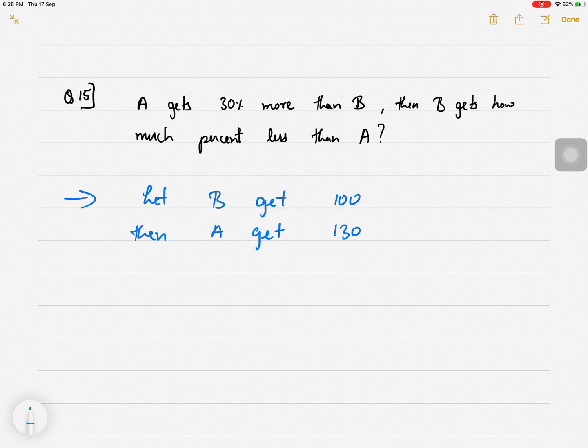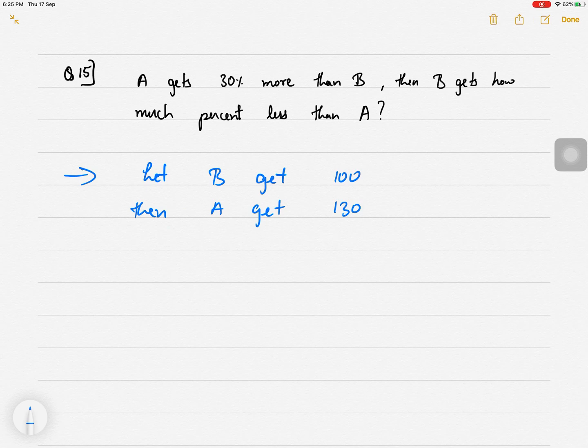Now, then B gets how much percent less than A? So how much percent is B getting less than A? When I am saying less than A, that means A is the base now. Okay. So how much is the difference? Difference is 30. Correct?